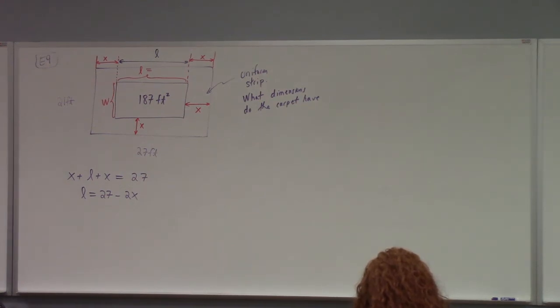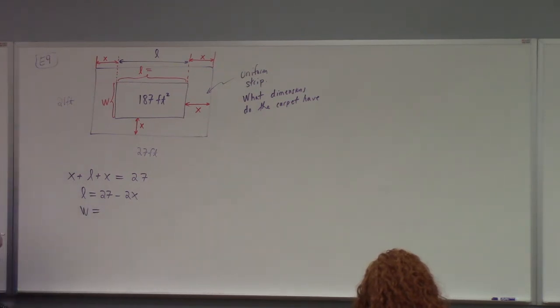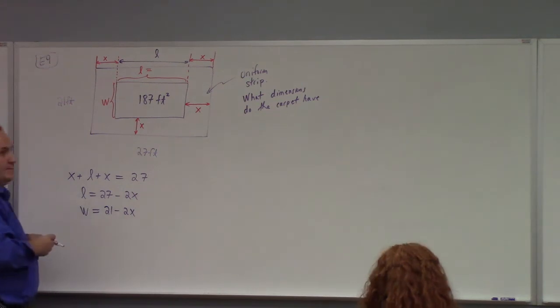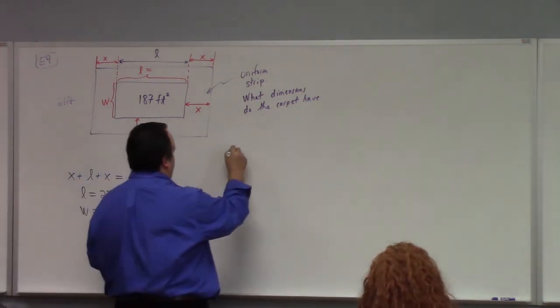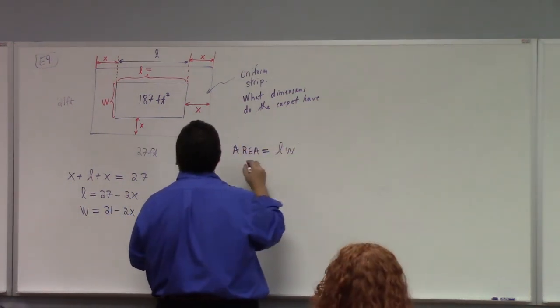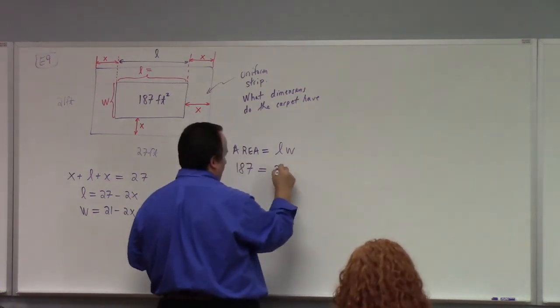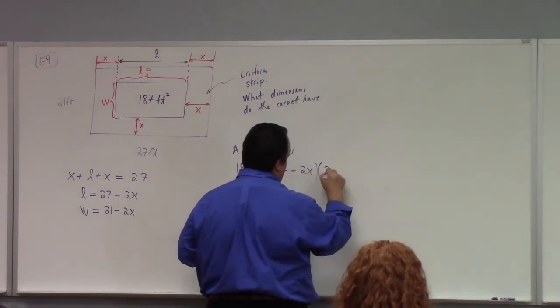What's the width then? Same principle, right? It's 21 minus 2x. And now we've got it, right? We know the area is equal to length times width, which means 187 is equal to 27 minus 2x times 21 minus 2x.